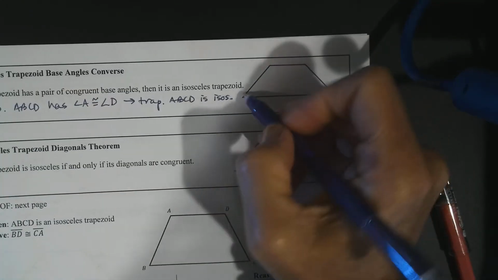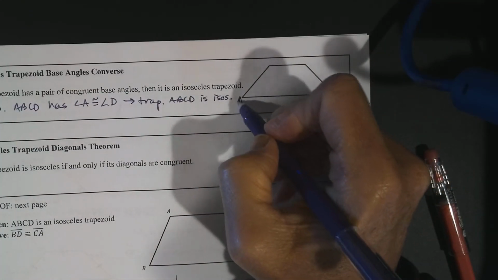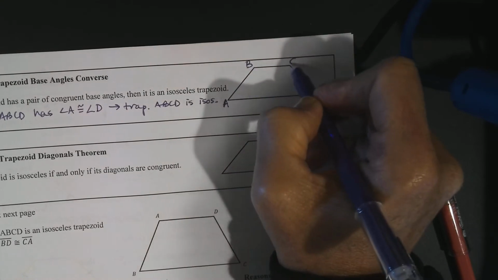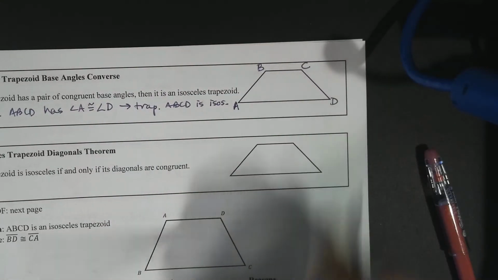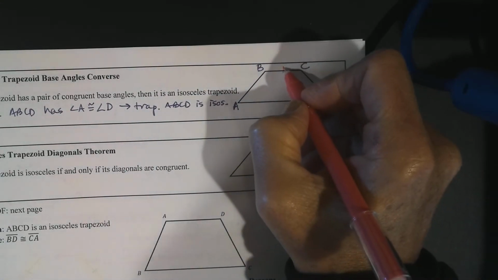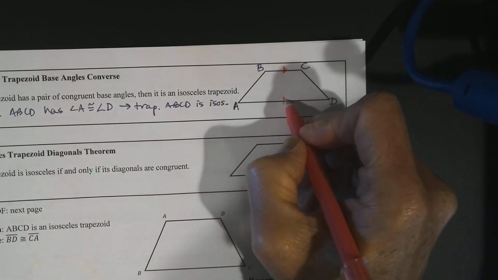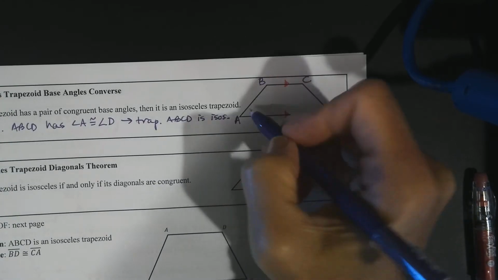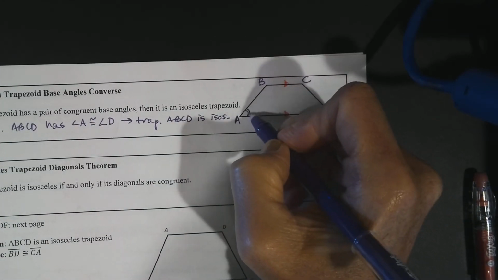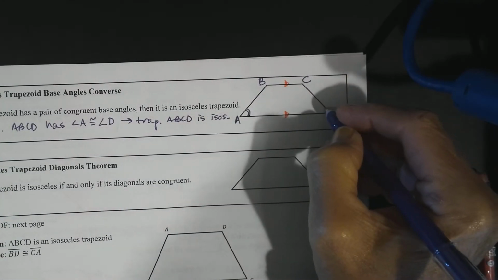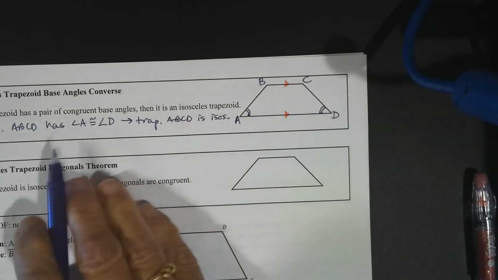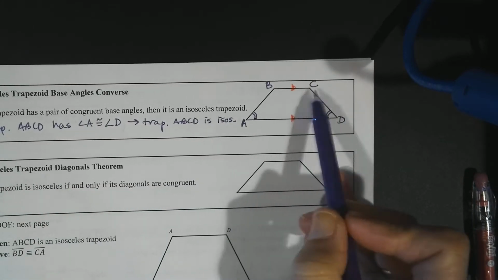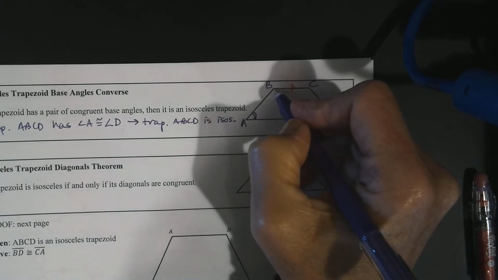So it goes both ways. Got A, B, C, D. We know that this is parallel. We know this is parallel. They're saying if I know that I have A congruent to D, or B congruent to C, so you could do both of those.